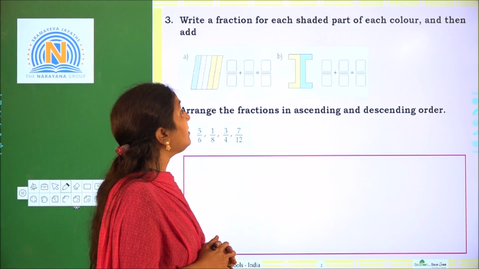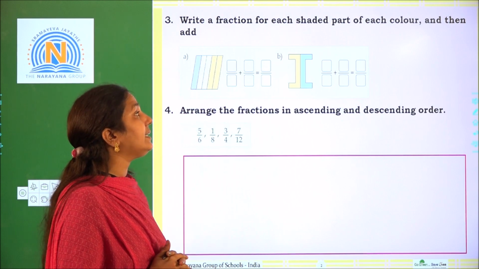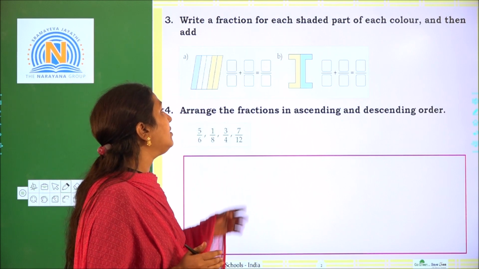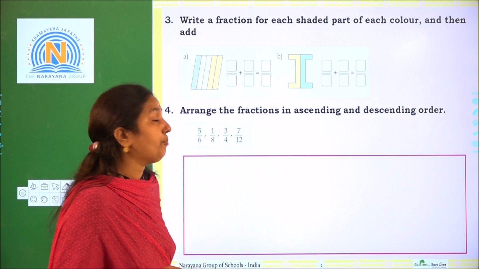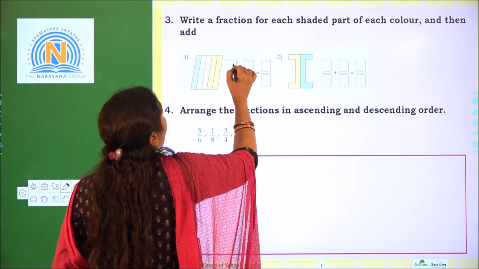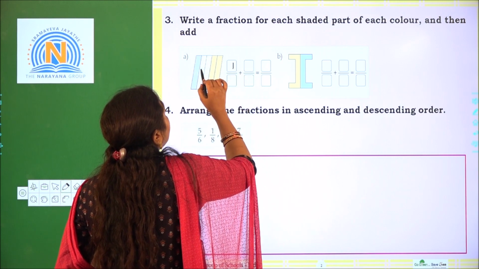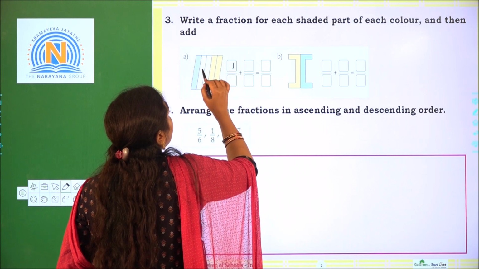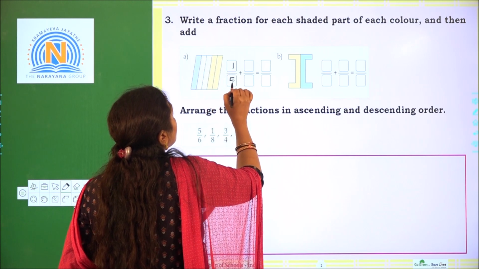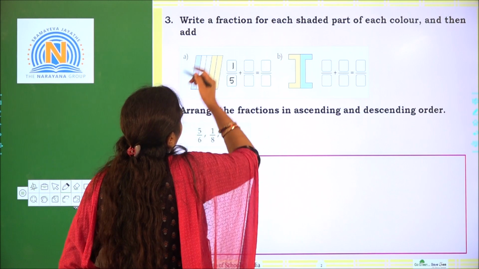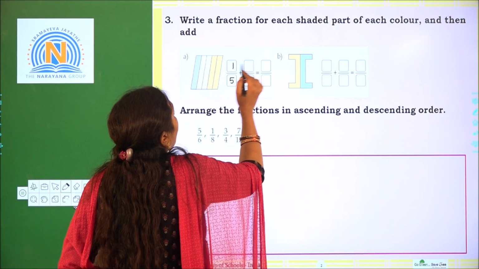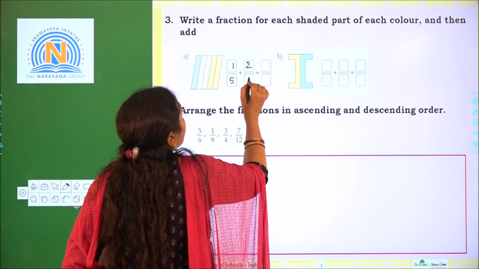Write a fraction for each shaded part of each color and then add. So first write the fraction of the shaded part. Here 1 by, how many total parts are there? 1 2 3 4 5. Total parts are 5. 1 blue color and 2 yellow color parts are there.